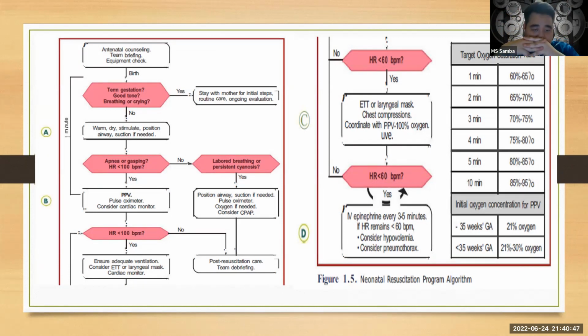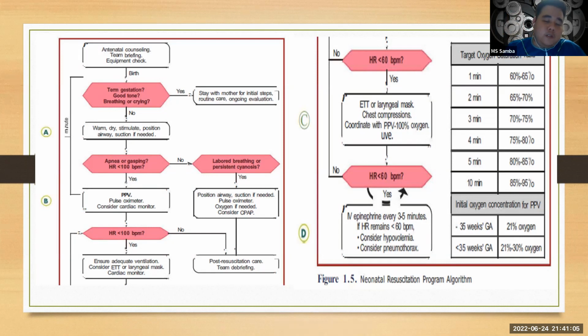If no, we see whether the child is apneic or gasping, and check the heart rate. If the heart rate is less than 100, we do pulse oximetry and cardiac monitoring.